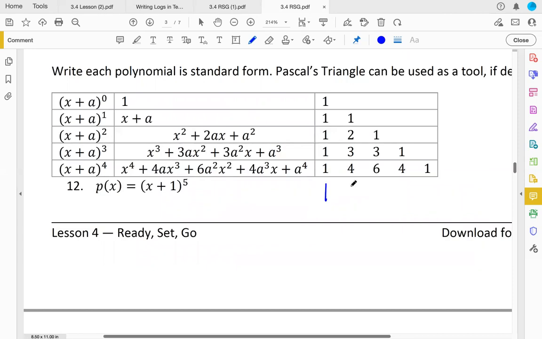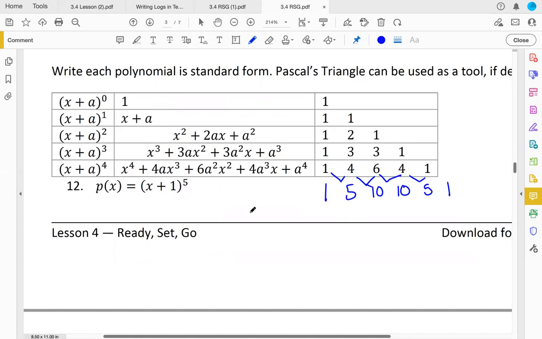We start with 1. 1 plus 4 will get you this 5. 4 plus 6 gets you this 10. 6 plus 4 gets you another 10. 4 and 1 will get you 5. Finally conclude with 1.